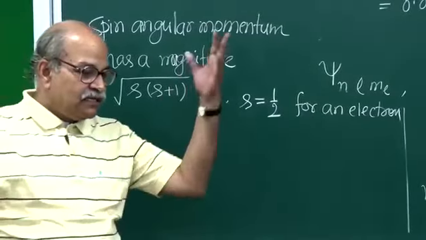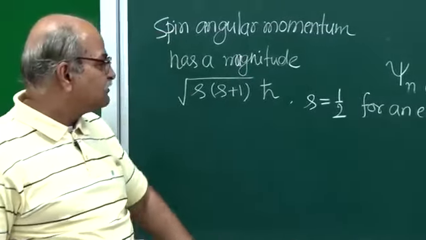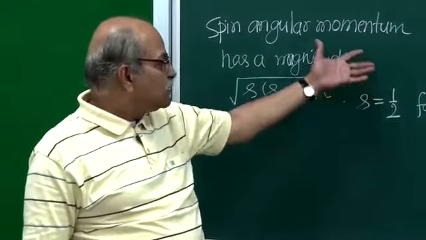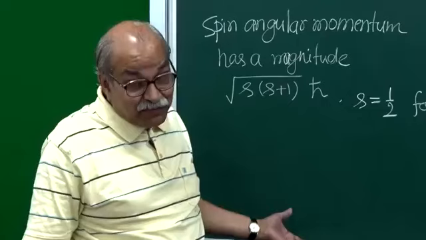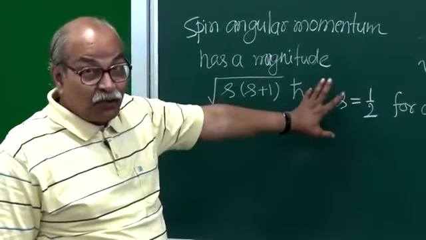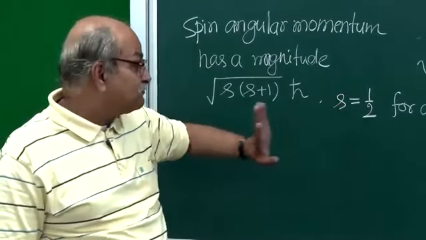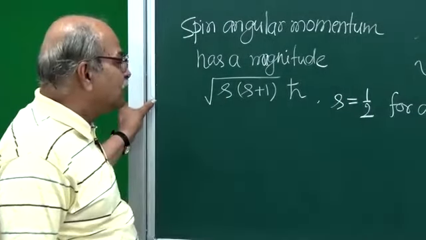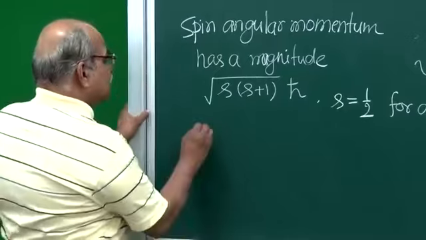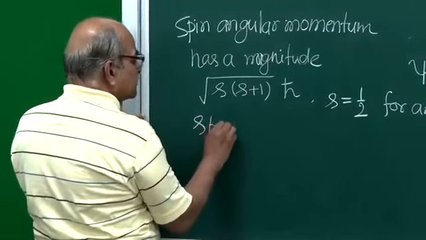There are many fundamental particles; they will have a spin angular momentum of this magnitude. Other magnitudes are also possible for other particles, but for protons, electrons and neutrons, there is a fixed angular momentum magnitude. So we call them spin half particles.